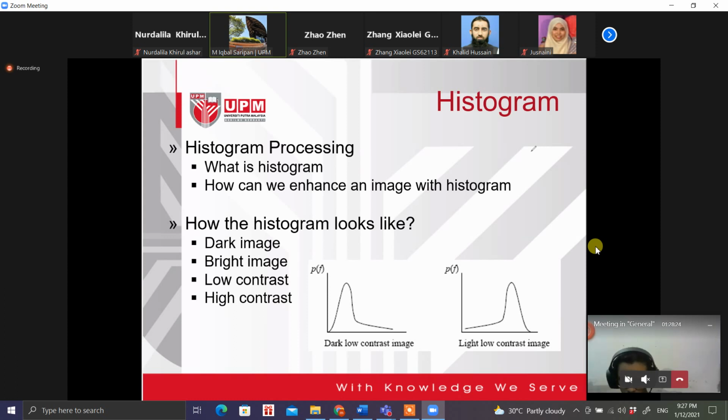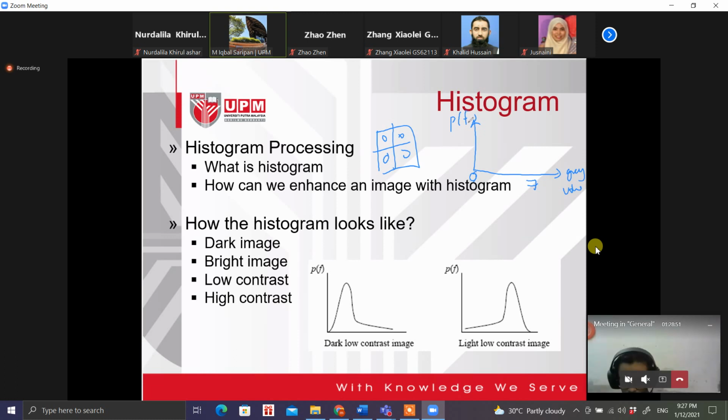For example, if you have a 2x2 image, 0, 0, 0, 0. If I want to plot the histogram, 0 until 7, this is the gray value. The y-axis here is the frequency, or we can also call that the probability of that particular color to appear.